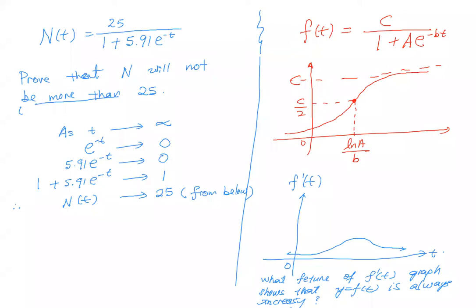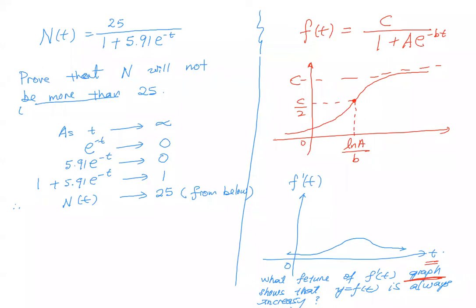Gladys, you want to try? Because for all values of t, the f prime t is positive, which means the f(t) is always increasing. Yeah, you cannot say positive. You have to use another word. Above the t-axis. Yes, because what feature of the graph? You have to read the question carefully.